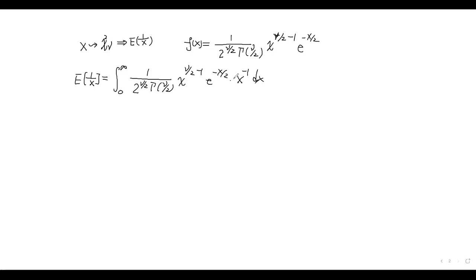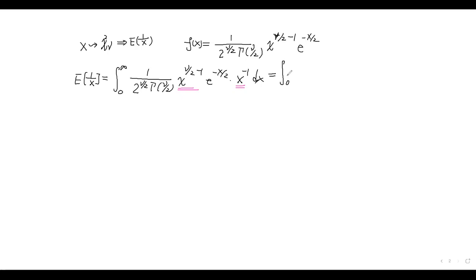The technique we're going to use is to manipulate what is inside to make it a PDF, so that when you integrate over the whole domain, it will be 1. So let's combine these two terms, X to the V over 2 minus 1 and X to the minus 1.